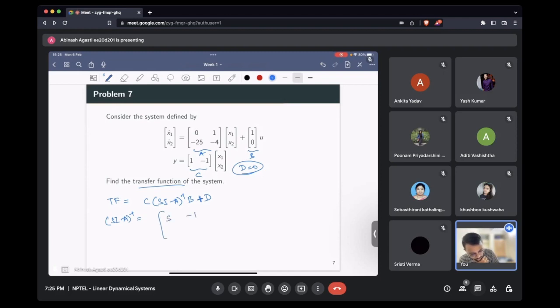Here we have [s, minus 1; 25, s plus 4] inverse. So this we have s square plus 4s plus 25 into [s plus 4, 1; minus 25, s], right?